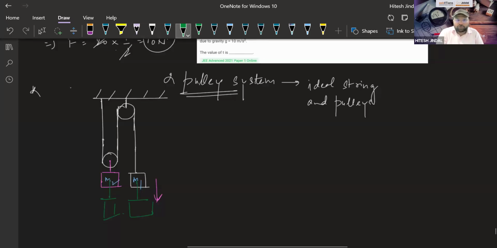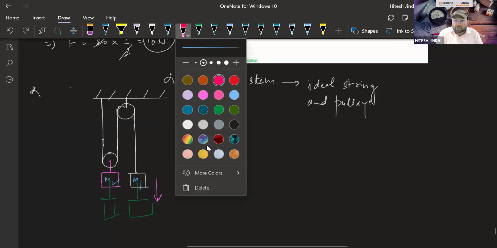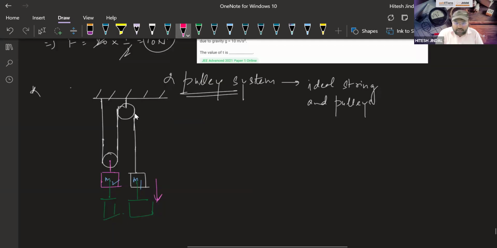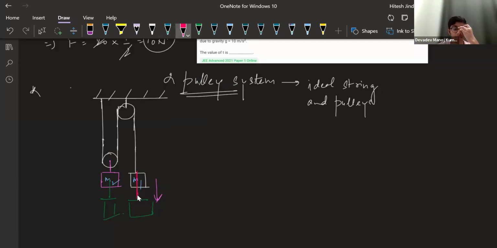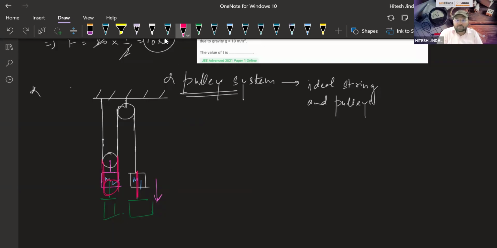So you see, if both of them have come down, then there has been some increase in the length of the string, because this amount of string and this amount of string have increased, since this has been connected to the pulley, right? You're getting this? The string's length cannot change.